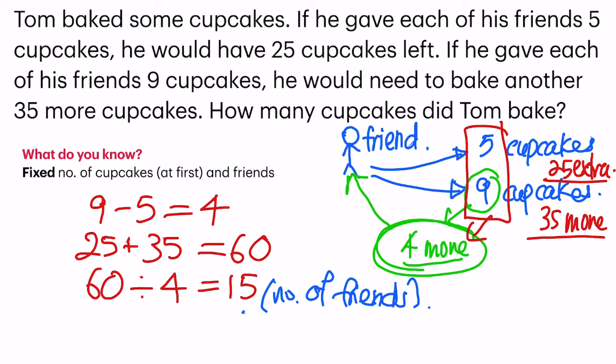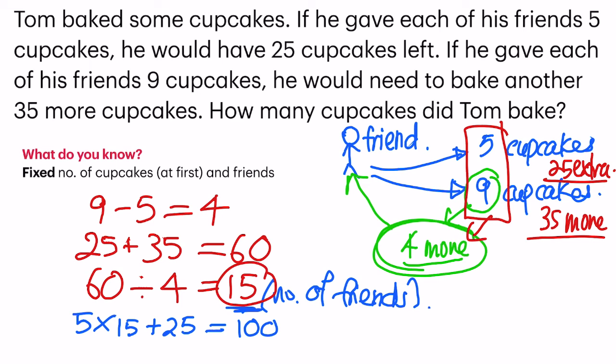And using that 15, I will now substitute it inside the scenario, because this is the number of friends, so 5 times 15 friends, and he had 25 cupcakes left, so plus 25. I get 100. And now let's try this number of 15 in the second scenario.